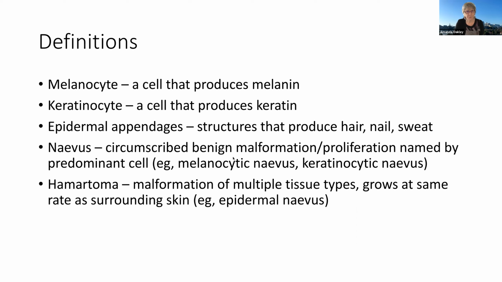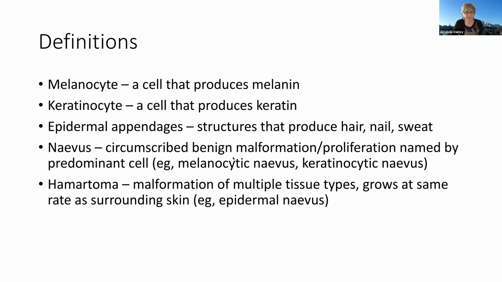Another definition to be clear on is nevus, which is a circumscribed benign malformation or proliferation, and it's named according to the predominant cell. So we have a melanocytic nevus is made of melanocytes, and a keratinocytic nevus is made of keratinocytes. Now that latter is less common, and we won't be describing that any further today.